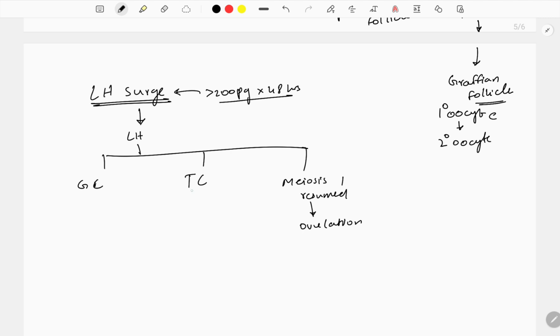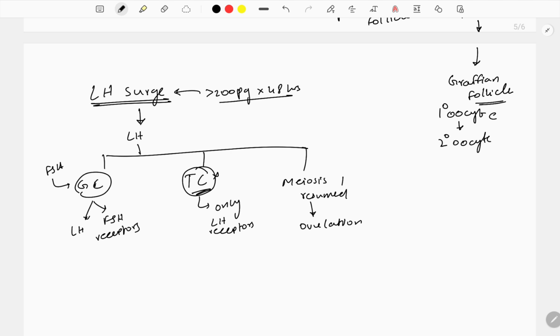Now we learned that FSH acts on granulosa cells, but it does not act on theca cells. Why? Because theca cells have only LH receptors, whereas granulosa cells have both LH and FSH receptors. Now, what does this granulosa cell do?